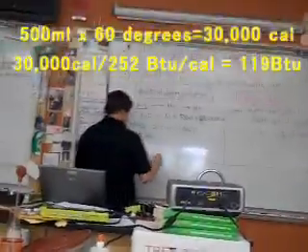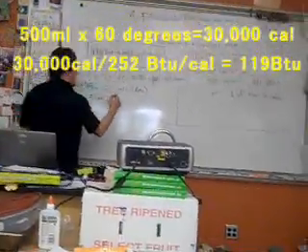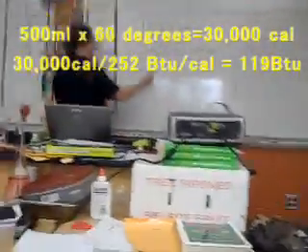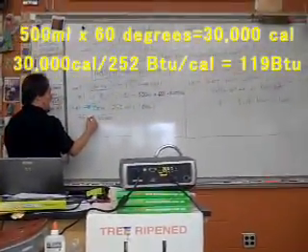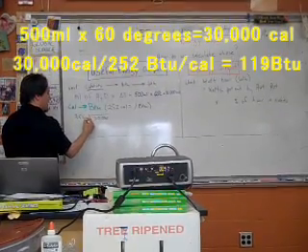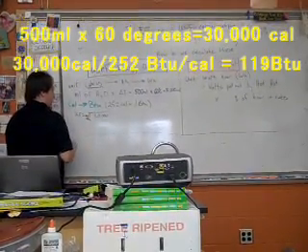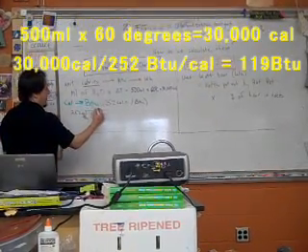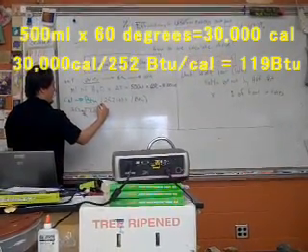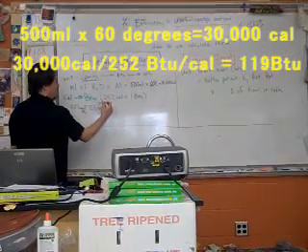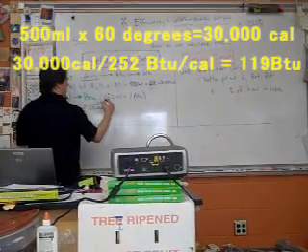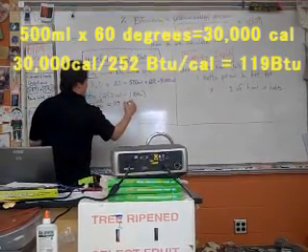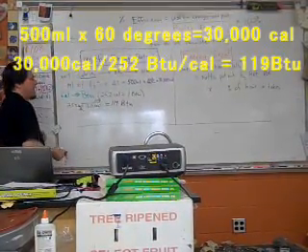That's right. So 30,000 divided by 252 calories per BTU is going to give us, does somebody have that number for me yet? 119.04. We'll just call it 119 BTU. Okay, that's good. Now we're getting closer.